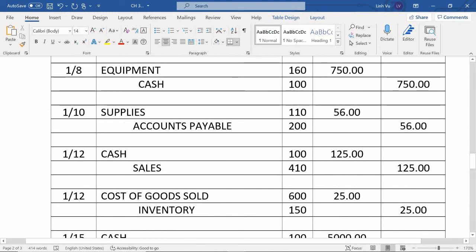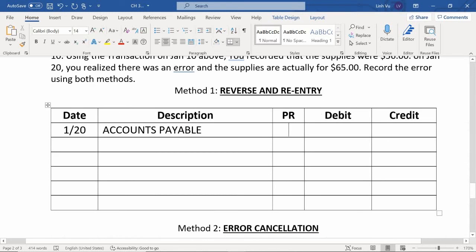You have a 200 account, and you have to debit it. No, you decrease it, $56 of debit. Okay, that's right. And then the supplies is 56.